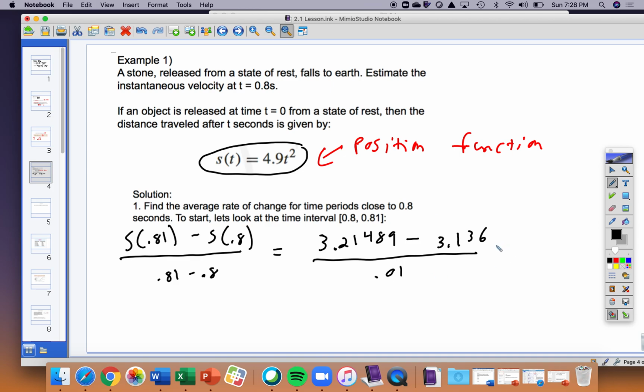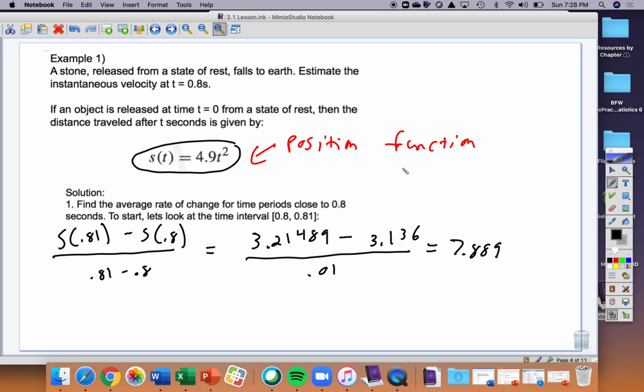When I do that, I end up with 7.889. Now again, this is a rate, because it is change in position over time, so we're talking about meters per second.